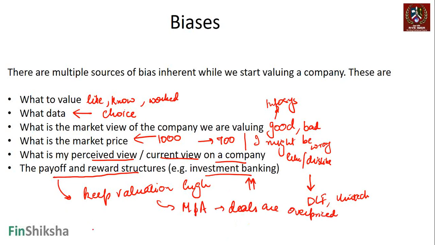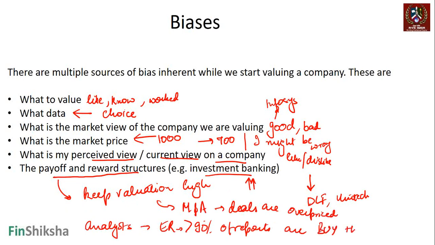In addition, there are biases such as when you look at analysts who write reports on equity research, more than 90% of reports are reports that say buy the stock, right? Which is, the stock will go up.